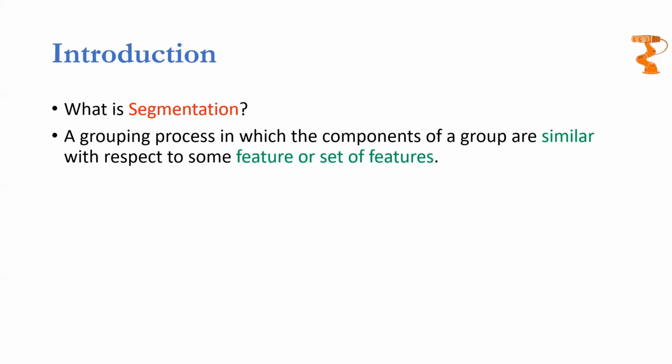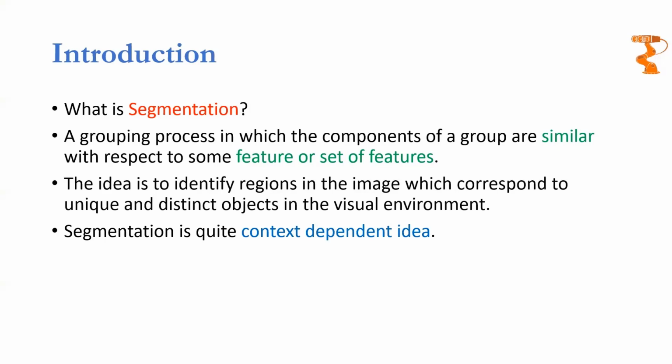So once you have done segmentation, all the objects belonging to a particular group will have some common feature in them. As I have given you two examples of segmentation, it can be easily established that segmentation is quite a context-dependent idea.